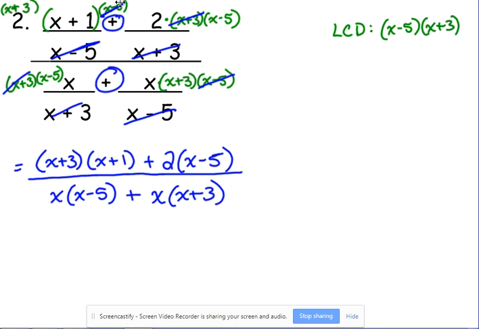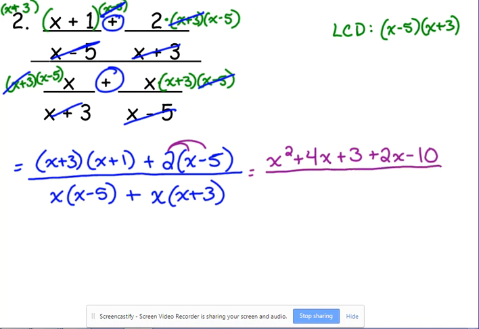So before we can get to the point where we can simplify anything, we've got to multiply everything out. So x plus 3 times x plus 1, we multiply that out, we get x squared plus 4x plus 3. We distribute the 2. We get plus 2x minus 10. In the denominator, we've got x's to distribute.